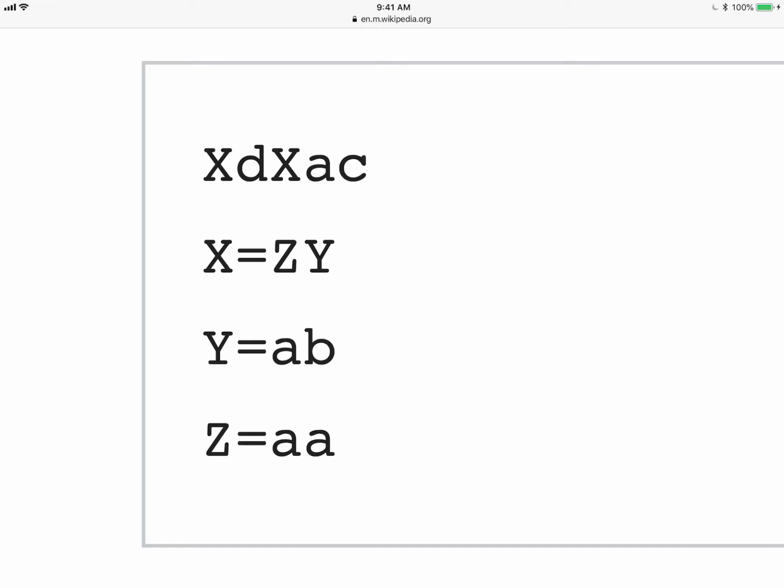Actually, it can be done until we find no bigram that appears more than once. In this case, every bigram appears just once, so this is the extreme end where we can stop our algorithm.